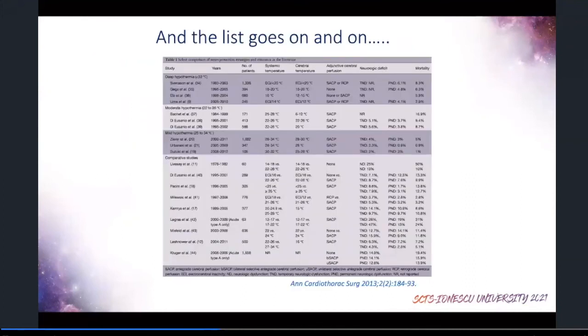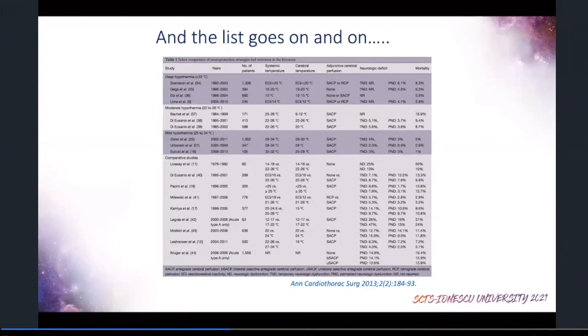And this was just a summary paper published several years ago from Annals of Cardiothoracic Surgery, listing all the papers at the time that had been published on various methods of cerebral protection, neurologic protection in the literature.